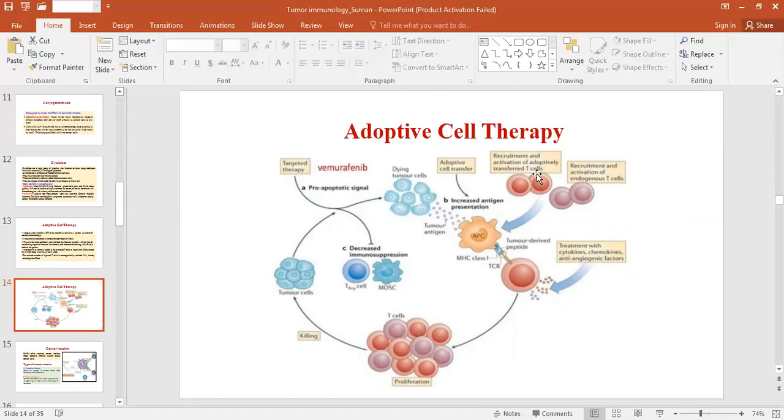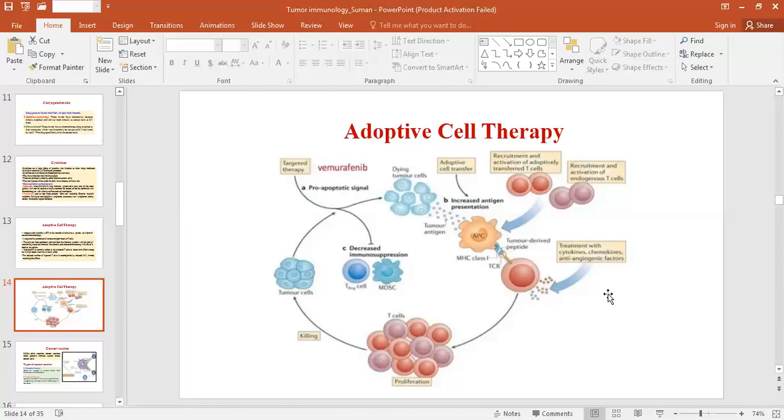We are recruiting and activating the adoptively transferred T cells along with the endogenous T cells, and interleukin 2 here is boosting the antigen presenting cells, along with these cytokines, with chemokines, anti-angiogenic factors.